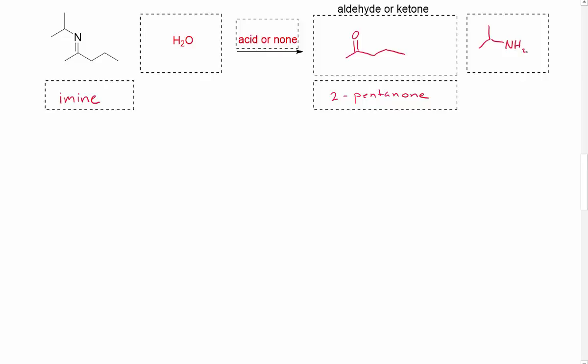The protonation state of this amine will depend on the actual conditions used, but to balance this equation, we're going to keep it neutral. Under acid catalysis conditions, imine hydrolysis starts by protonation to make the iminium ion.